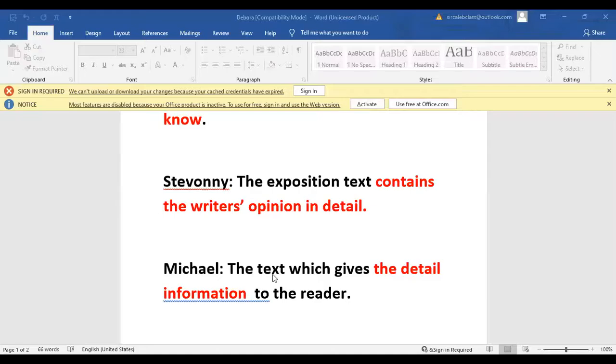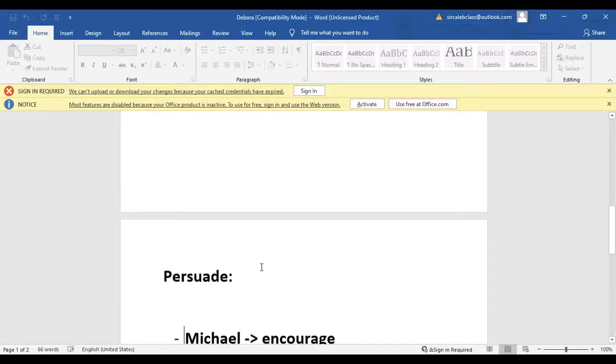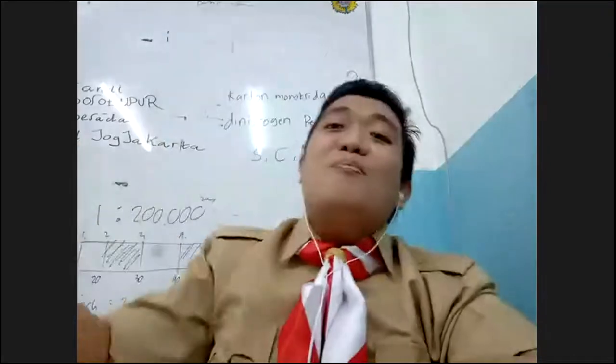And let's take a look at the other opinion. Okay, that's all. In the exposition text, we also learned that its function is to persuade. Yeah, persuade.